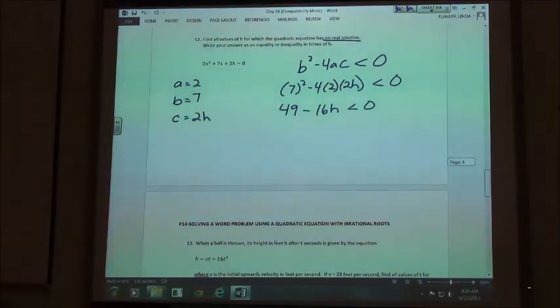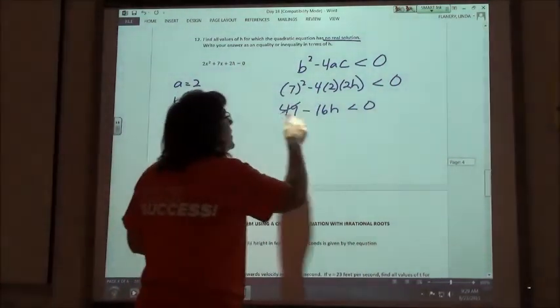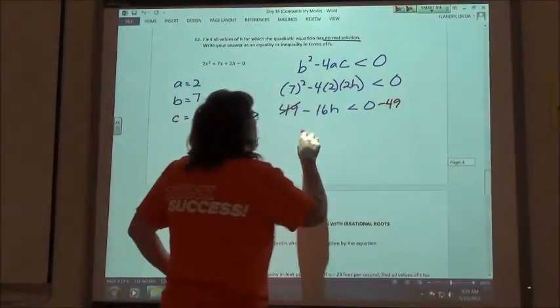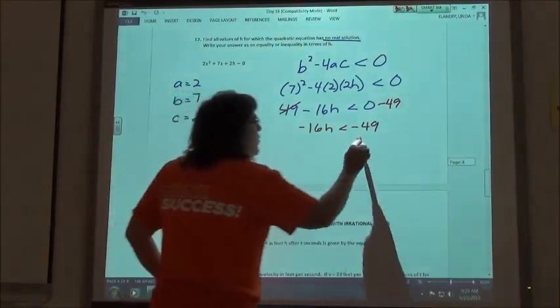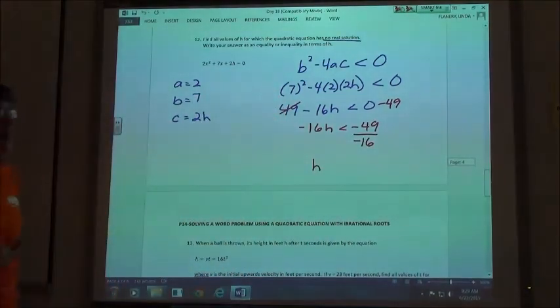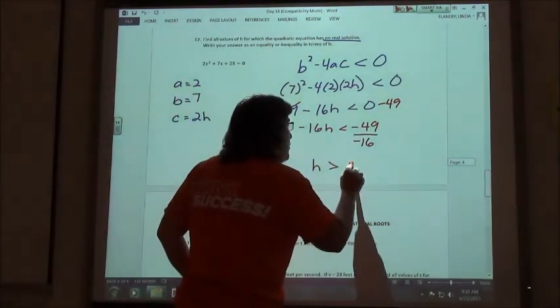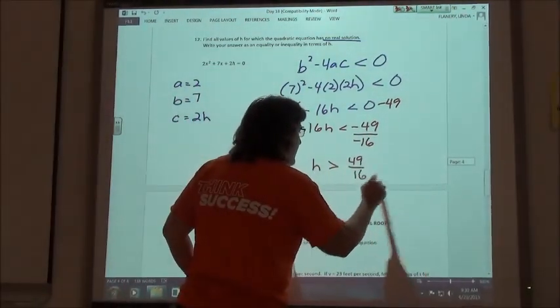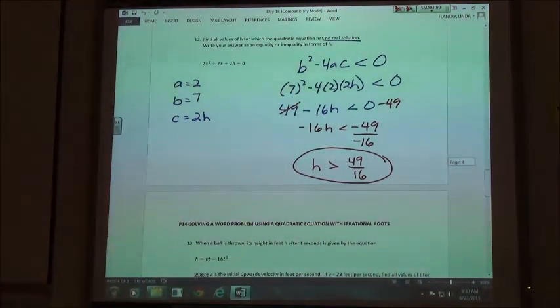If we're going to solve that, we would do what next? Subtract your 49 would work. So negative 16h is less than negative 49. And then of course we're going to divide. And so our answer is going to be h is greater than 49/16. All right.